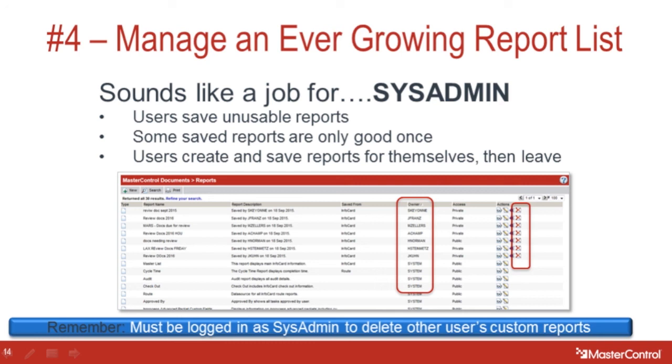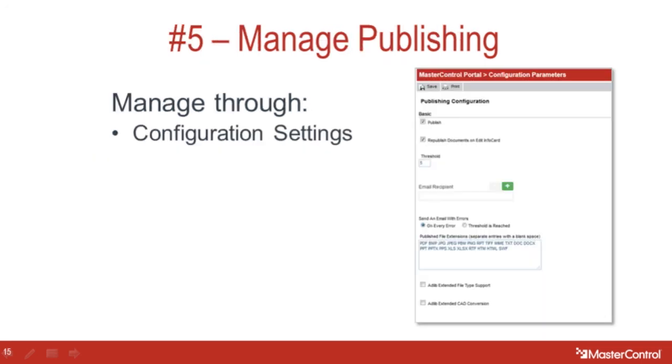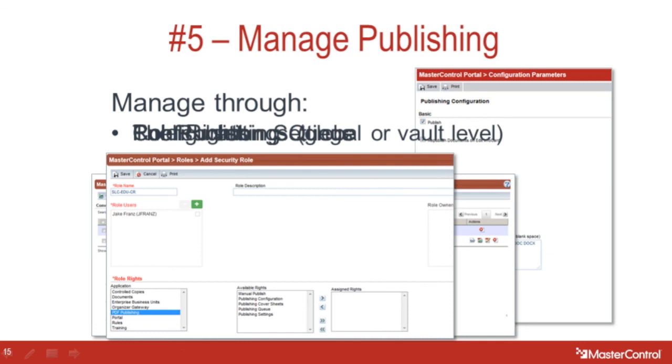But those add up. People leave. There are big users that have really great reports, but they leave, and then the reports never get used again. The only people that can change this and delete their reports are sysadmins. So this should be a regularly scheduled job that you do as a system administrator. Okay? How do you know if people are using it or not? You'd want to check with them if they're still at your company.